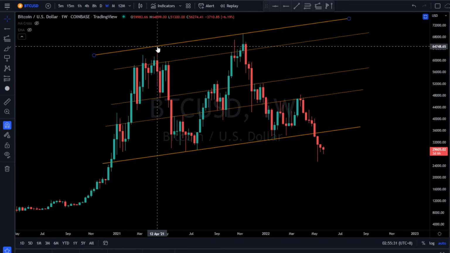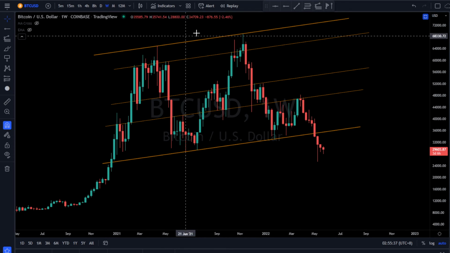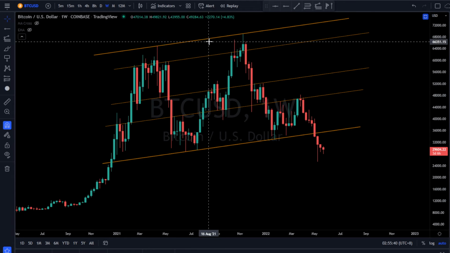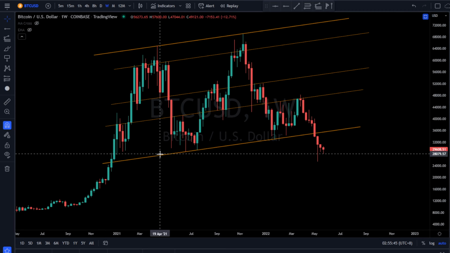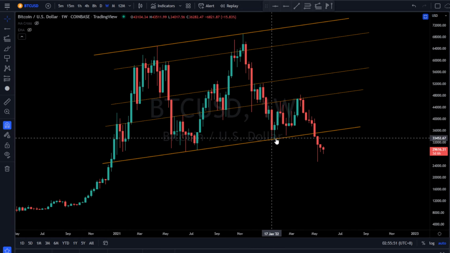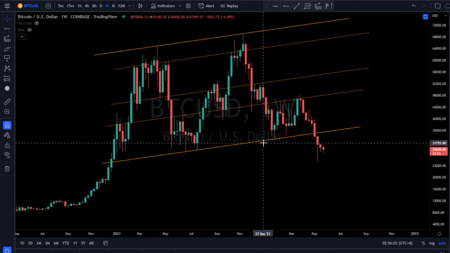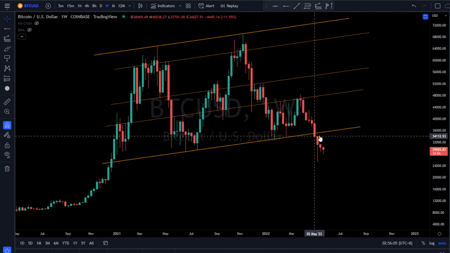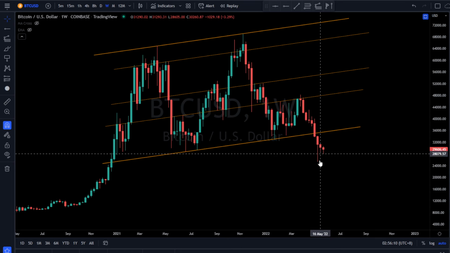So from the top, after we've seen this top over here, we can actually draw the line with two points, from here to here, and then we can clone it down, a parallel line over here, and there's a touch here, 1, 2, and you could have predicted this down move here if you use other tools as well in conjunction with this to form this channel over here. All right, so it was holding up nicely. A lot of people were expecting this to hold as well, but it didn't, and then it broke down.